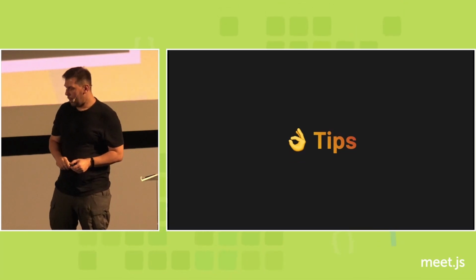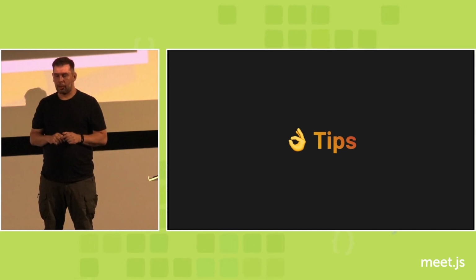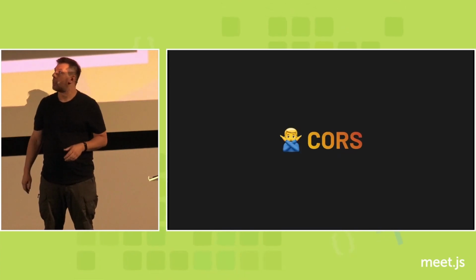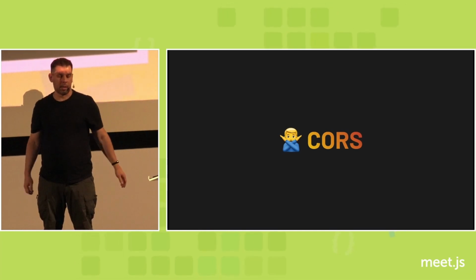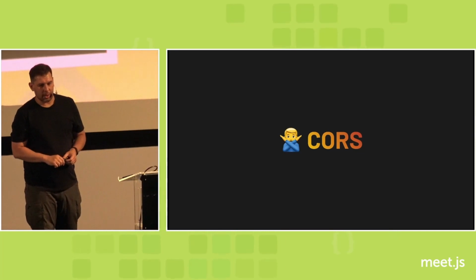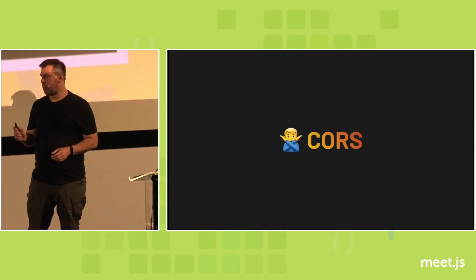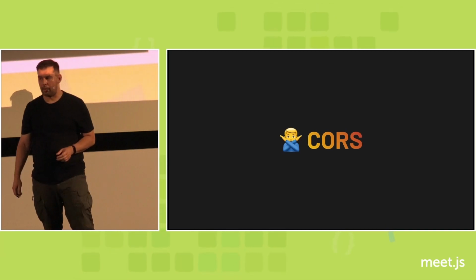Okay, some tips. React is a good example to use SSE, but as I mentioned before, you can use it in just native JavaScript. There is CORS, so if you're starting, make sure that your backend has CORS configured correctly to allow our frontend to use events.